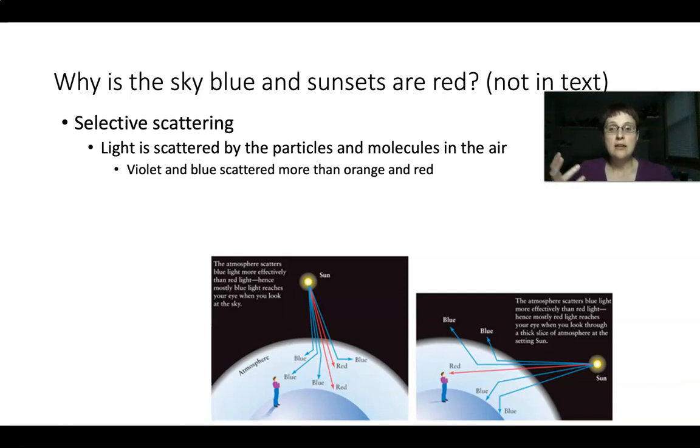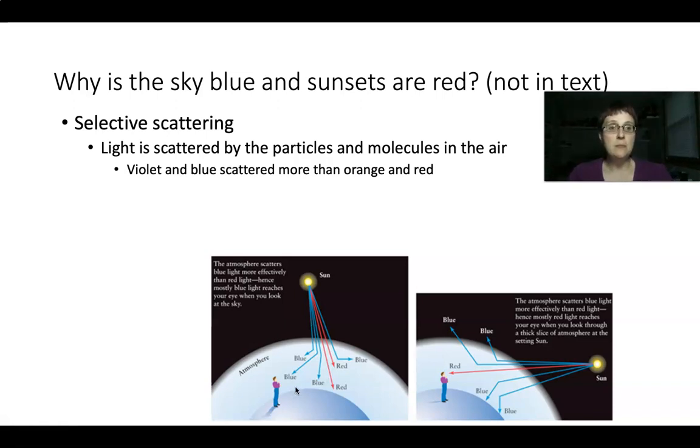And so during the day, the reason why the sky is blue is because, as you can see here, we get the light rays coming in, and so the red, oranges, yellows are not going to get scattered. They're not going to get bounced off of those molecules very much, and they're going to come straight down.